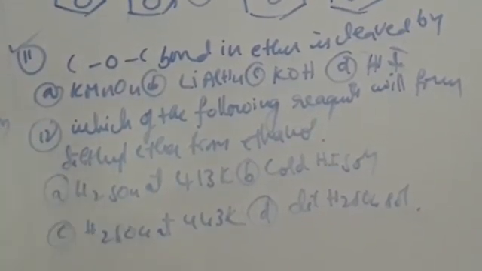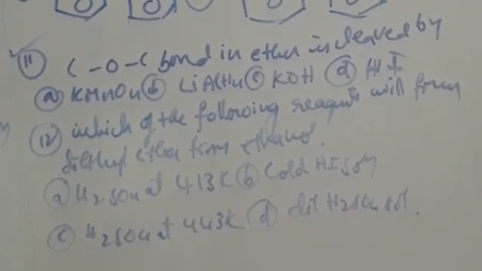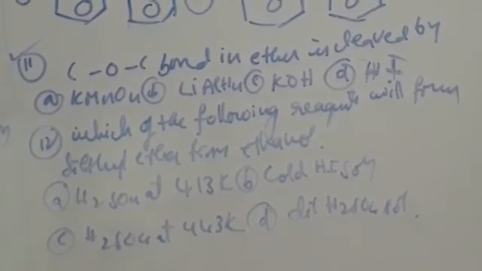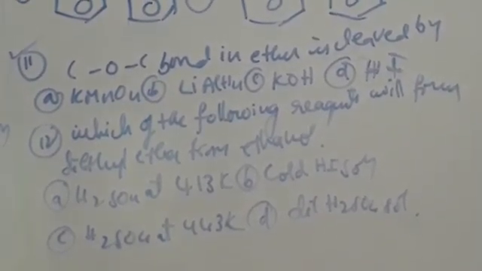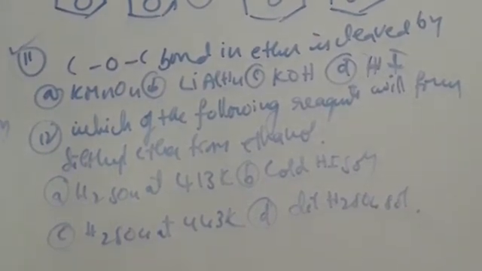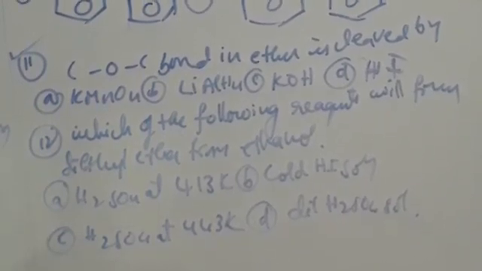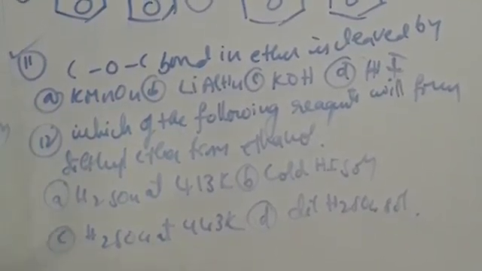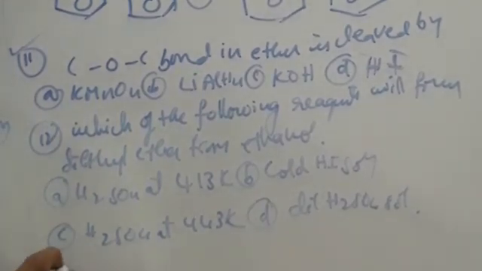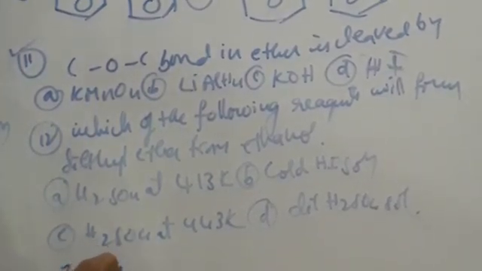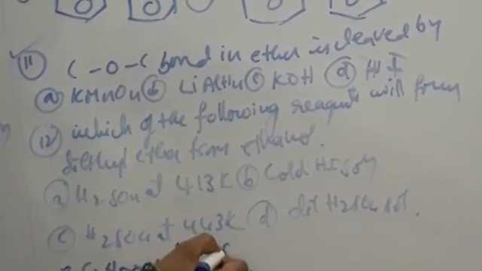Next, which of the following reagents will form diethyl ether from ethanol? So preparation of diethyl ether from ethyl alcohol, that is dehydration reaction, removal of water molecule. So dehydration takes place with 2 moles of ethyl alcohol in presence of concentrated sulfuric acid at 140 degrees centigrade.